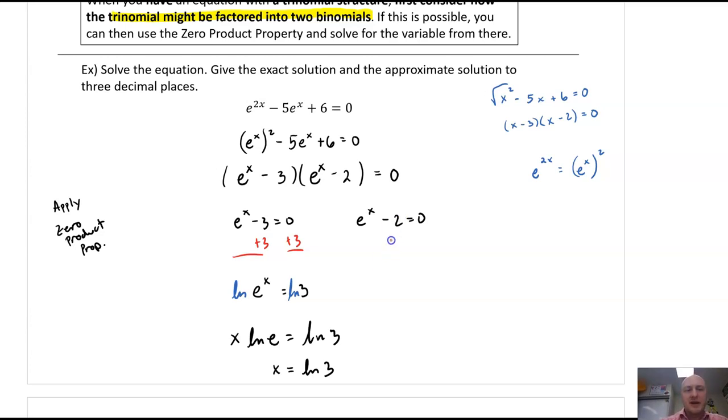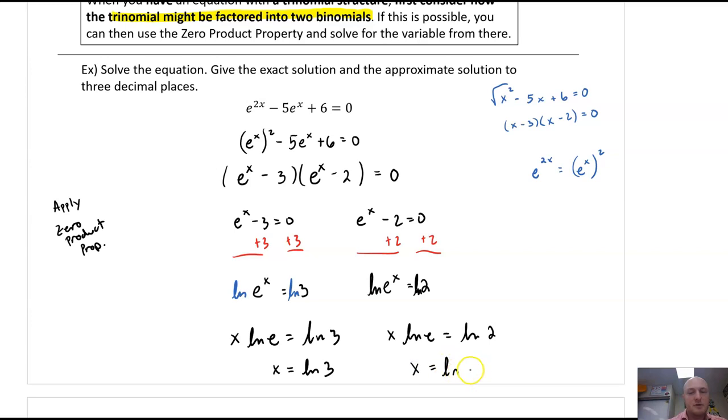Over here, I'm going to add 2 to each side. And we get e to the power of x is equal to 2. Again, I will take the natural log of each side. So I have x natural log of e is equal to natural log of 2.